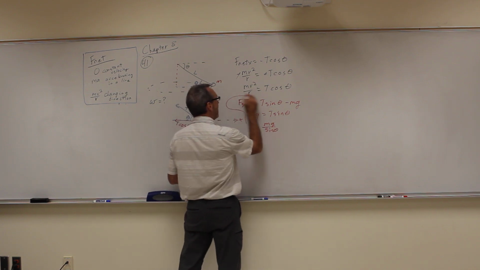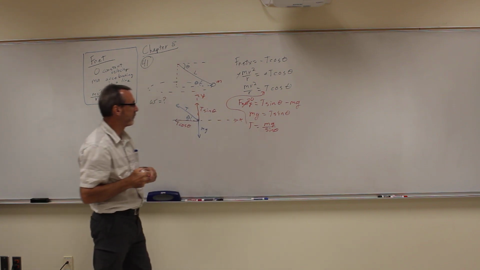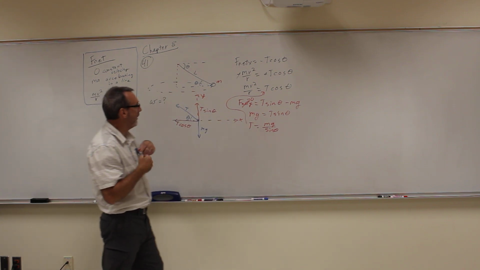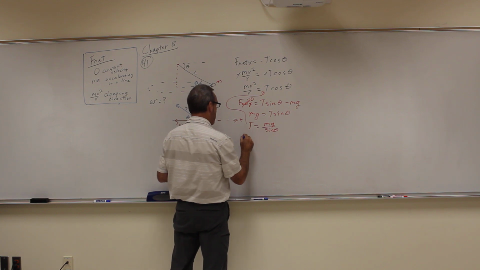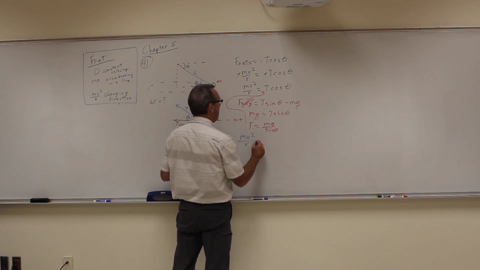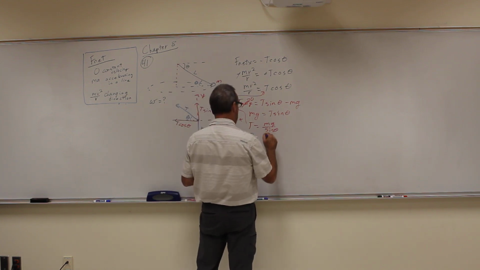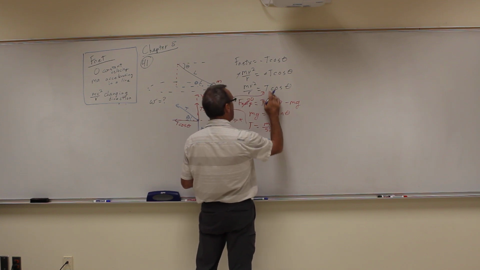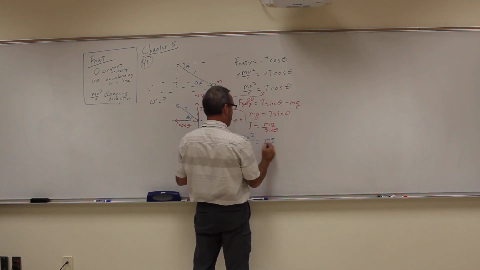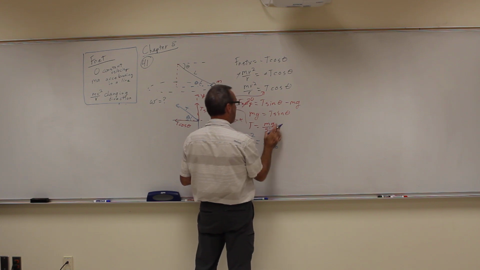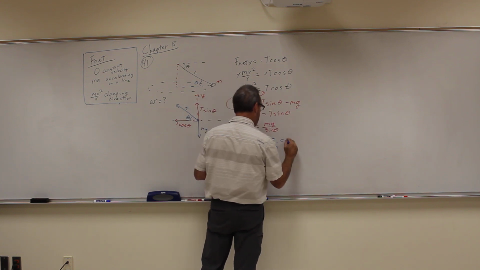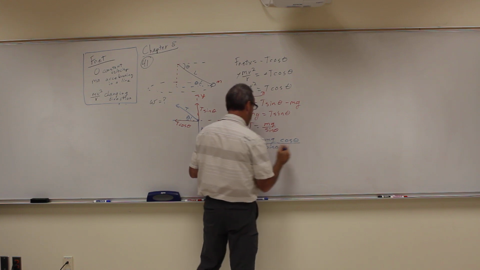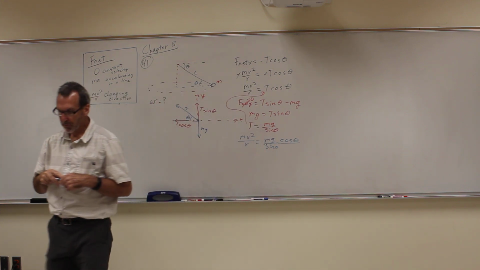Then I'm going to plug that back in to here. So I'm going to end up with mv squared over r is equal to mg over sine theta, that's T, times cosine theta. Okay? So far, so good.